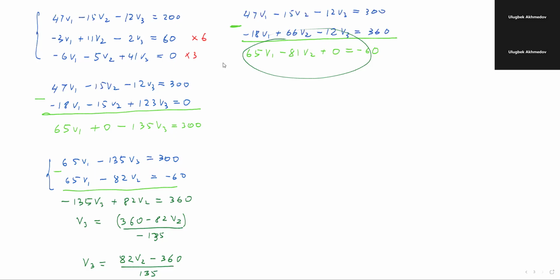So let's do that. We plug this in here, we're going to end up with 65V1 minus... oh no, we can't use it here. Sorry. We can use it here.